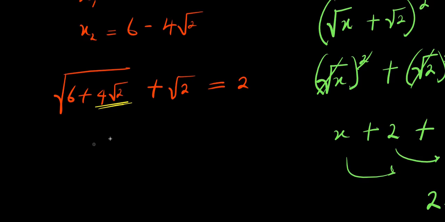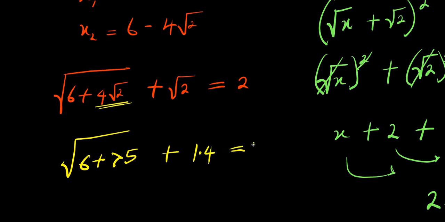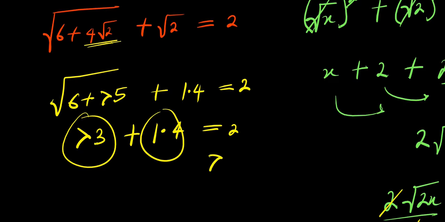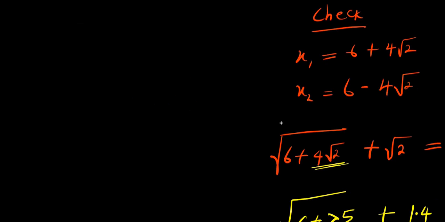So this is square root of 6 plus this number here, which is greater than 5, and plus this is about 1.4. If you take the square root of this, it will be greater than 3, plus 1.4. So you are adding a number that is greater than 3 plus 1.4, and this is obviously going to give you a number that is greater than 2. So that particular value there will not satisfy the equation.